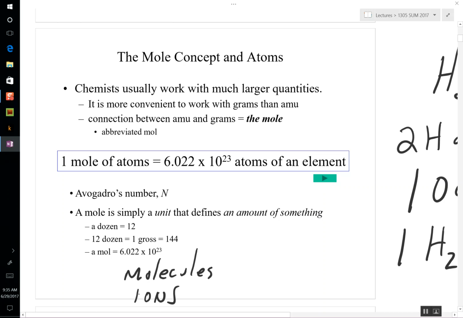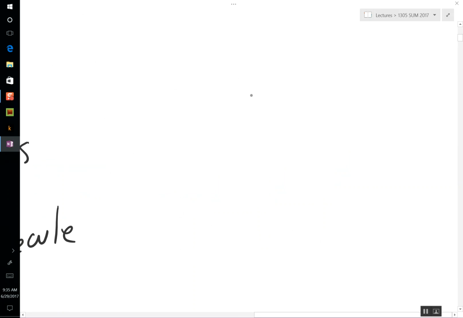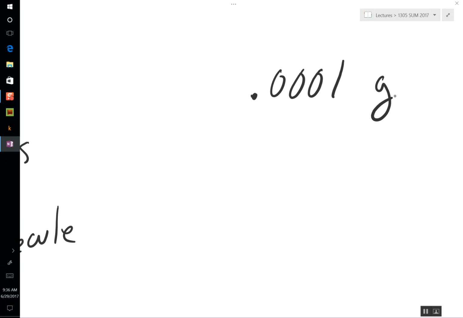Not even 1 billion, not even 1 trillion. We've got analytical balances that go to 0.0001 grams. Well, even 1 trillion oxygen atoms aren't going to even register on those balances over there.